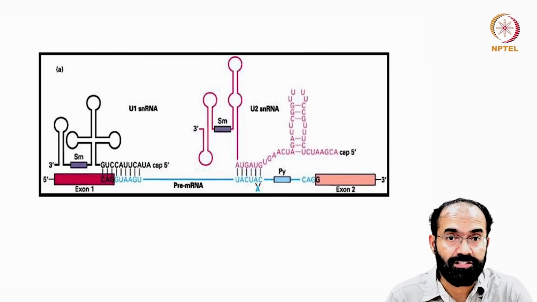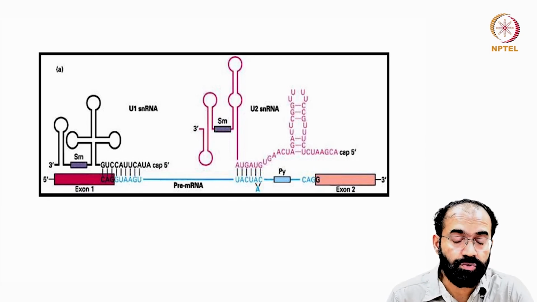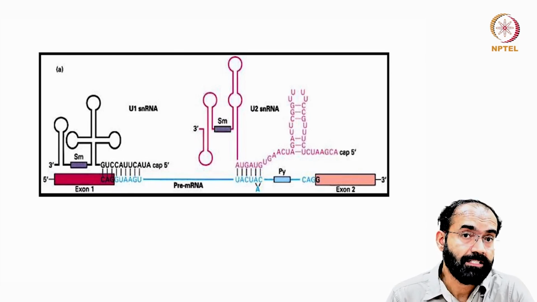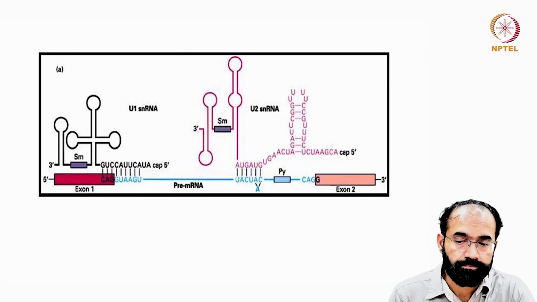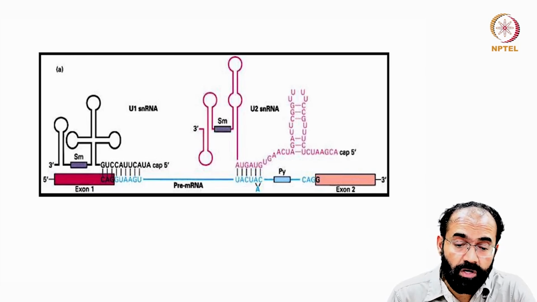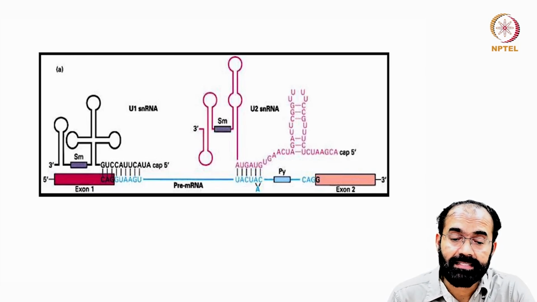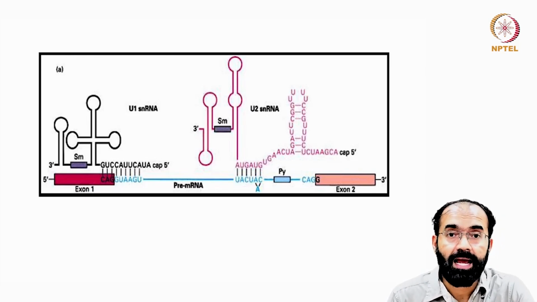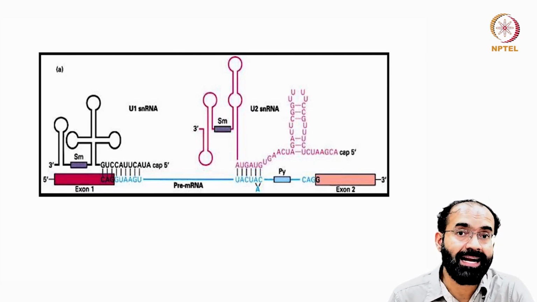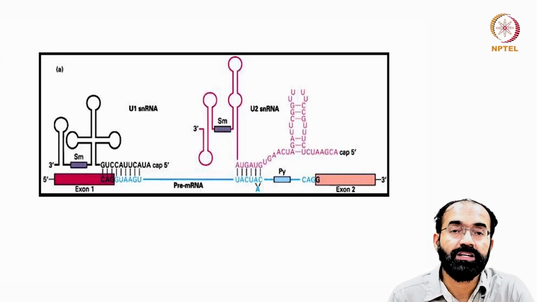It had a branch point that associated with the splicing event. Okay, so what we should understand is the polypyrimidine tract and the intron exon boundary are quite important. It cannot be too far, it has to be within 100 bases, without which it will not be able to perform the task of splicing.